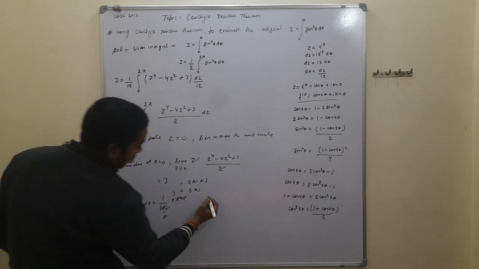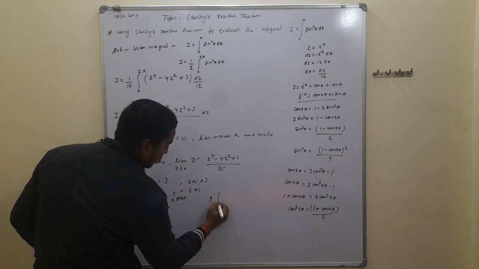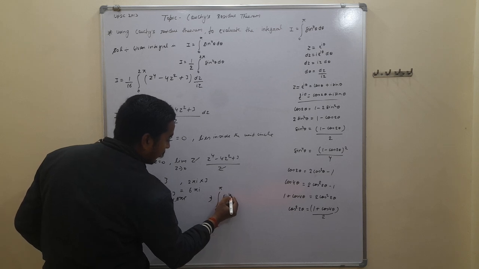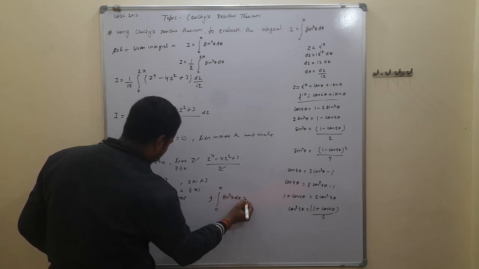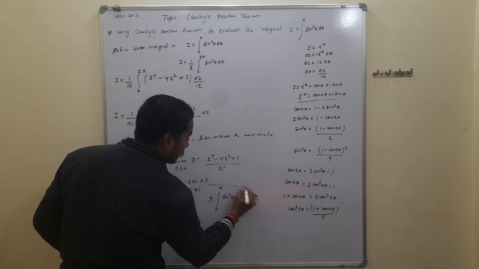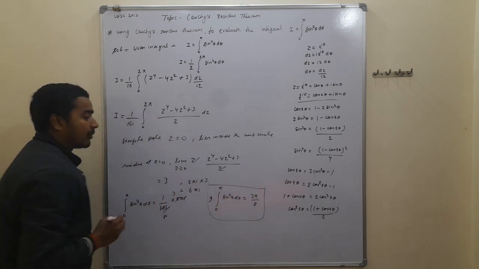This gives the integral 0 to pi of sin to the power 4 theta d theta is equal to 3 pi upon 8, and this is the required solution of the given problem.